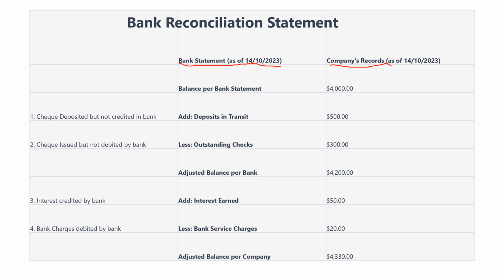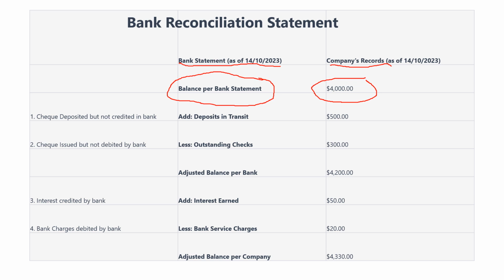And you have to take one of them as the base. So here I have taken the balance as per bank statement. You can see there, my balance is $4,000, right?